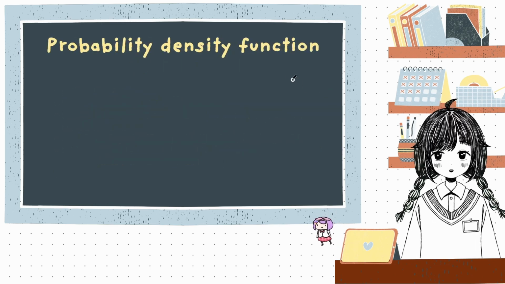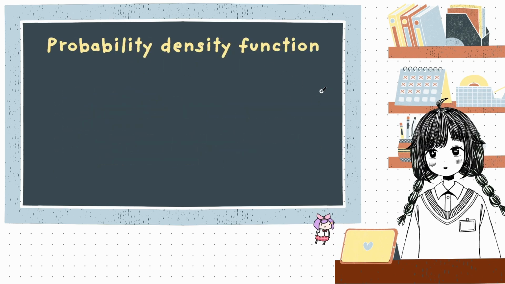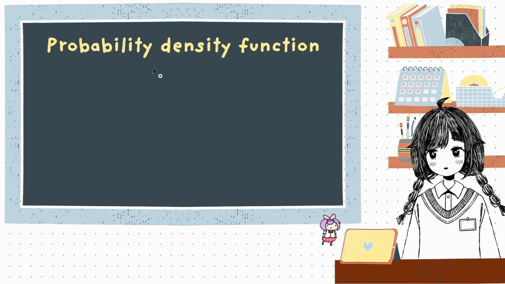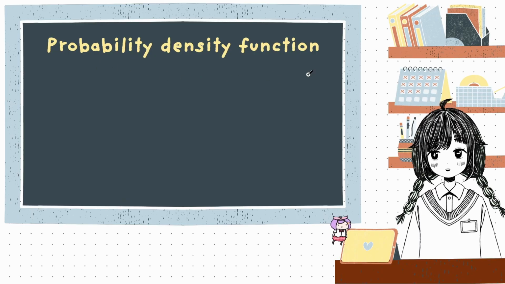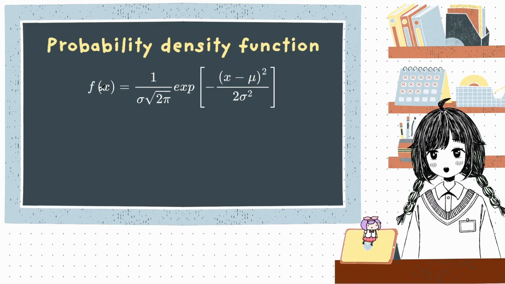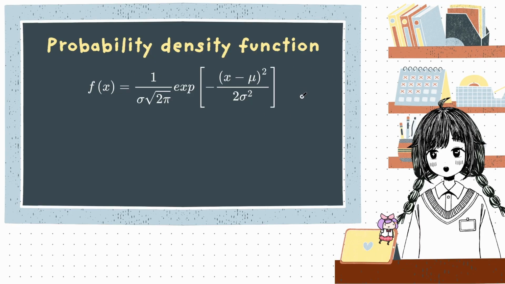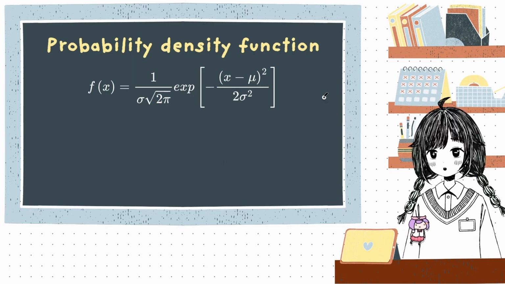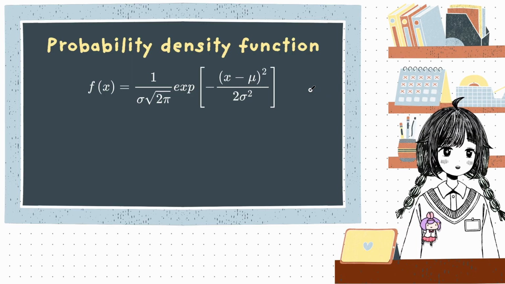Next, we look at the normal distribution formulas, starting with the probability density function. A continuous random variable x that follows a normal distribution has this probability density function. It looks complicated, and it certainly is.